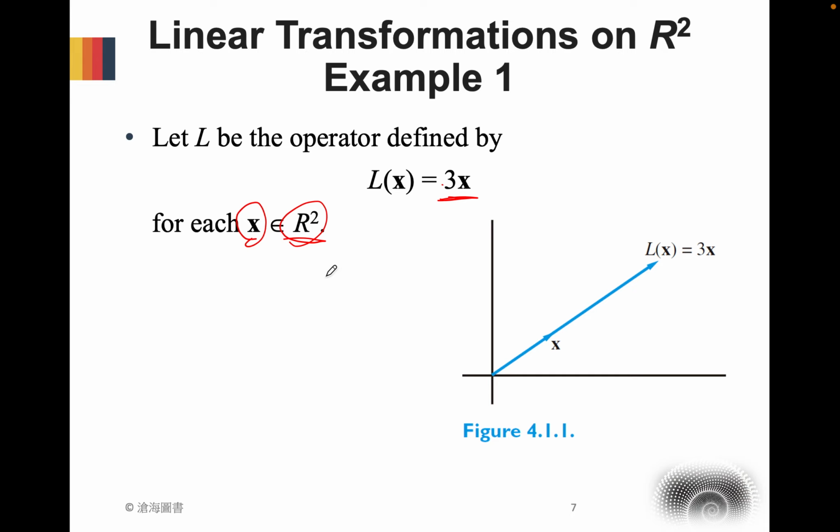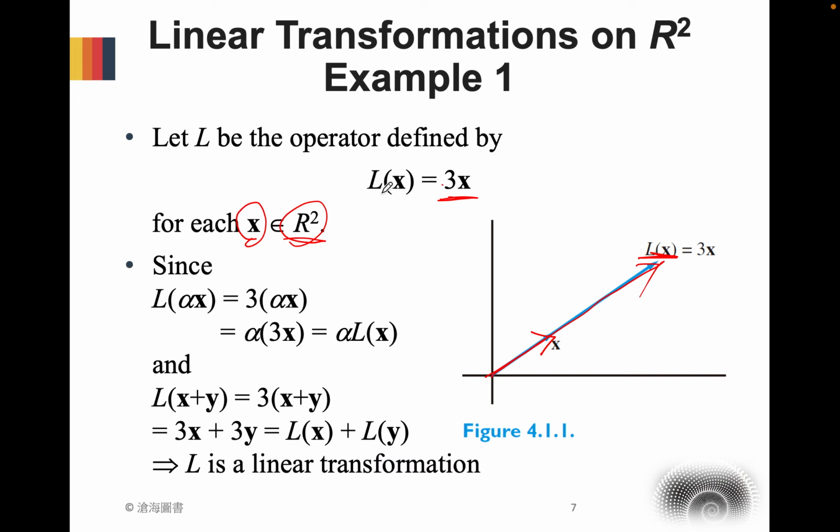Geometrically, this kind of transformation looks like this. Originally, the vector x is here. And if we do this transformation, L of x, the result becomes 3x.